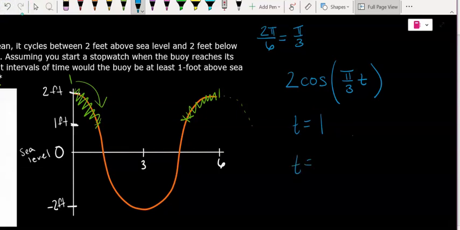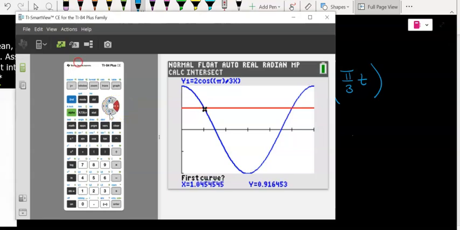And then I'm also going to solve for this one right here. So if that was 1 second, this is 1 second right here, I've got to figure out what this one is going to be. And so I can go ahead and calculate that. I'm going to do that by doing my second trace, and going to intersect.